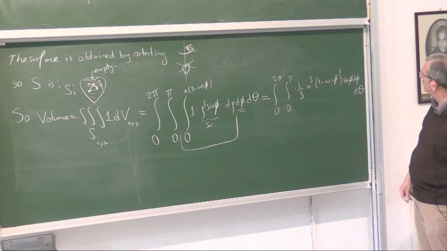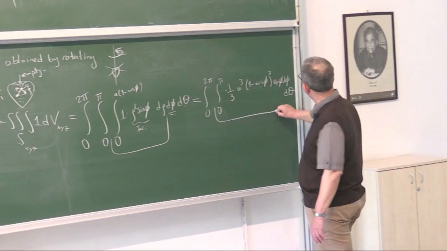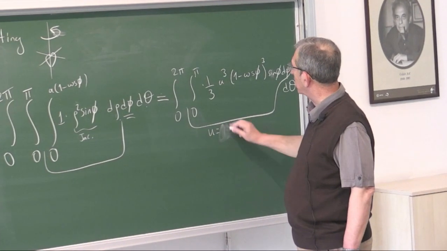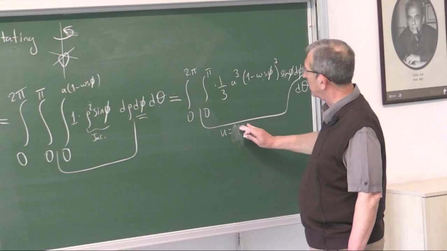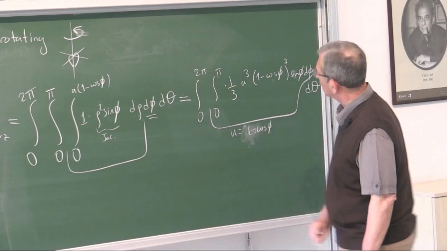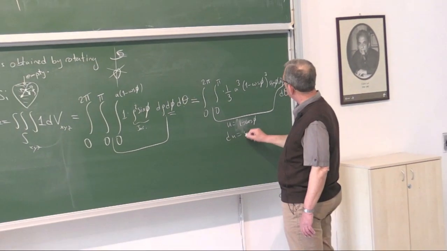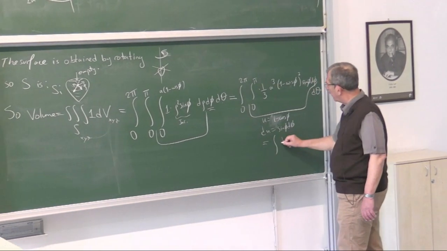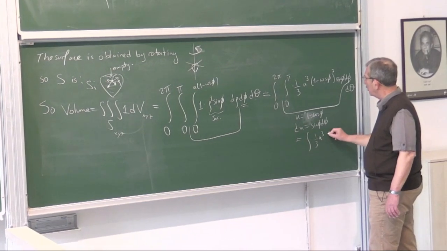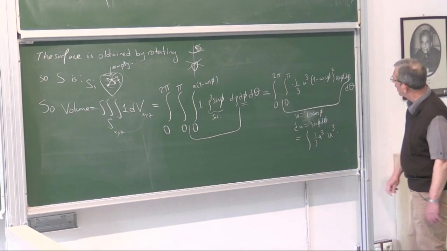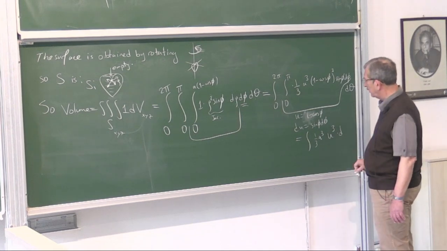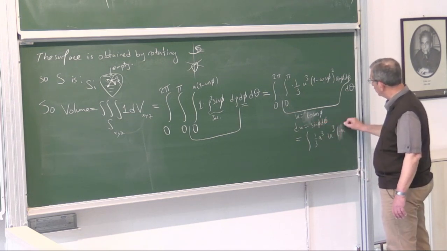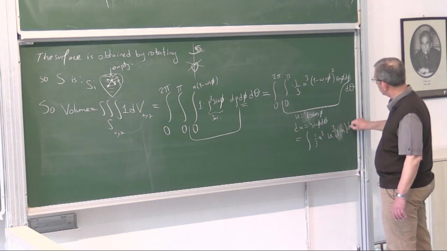So for this integral, you can put u equal to 1 - cosine phi, and then du would be sine phi d phi.